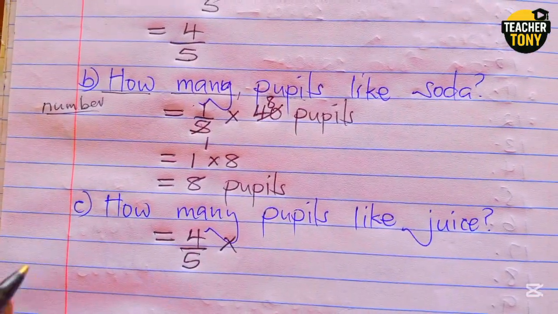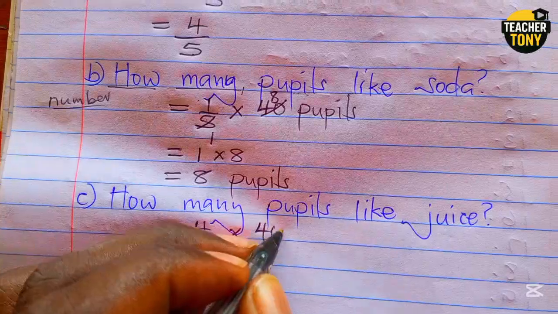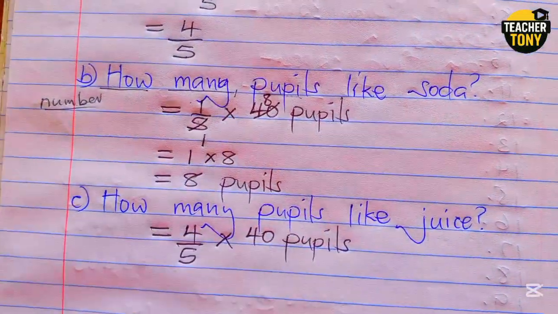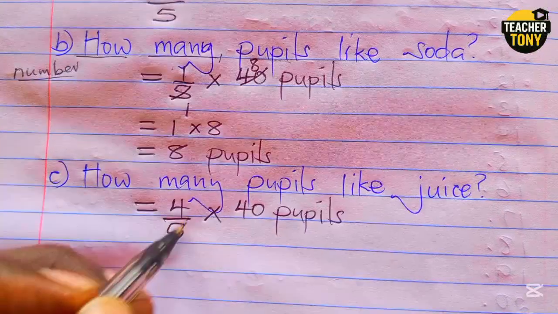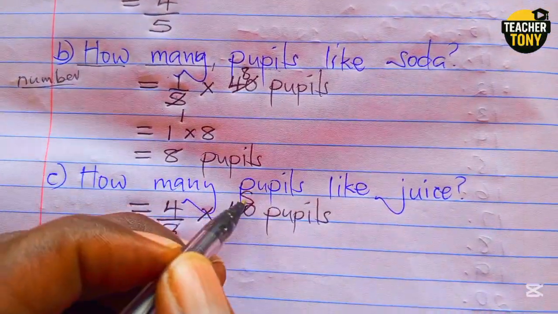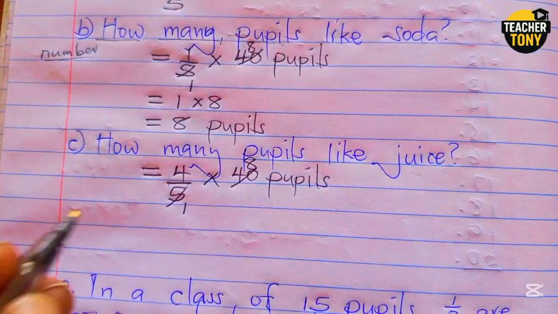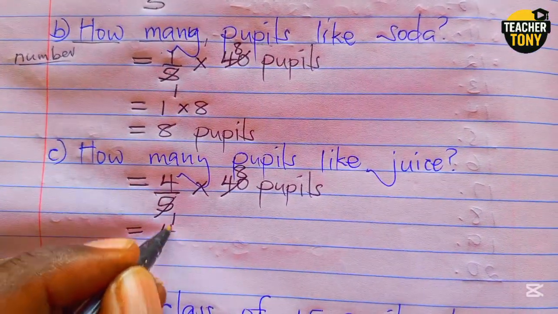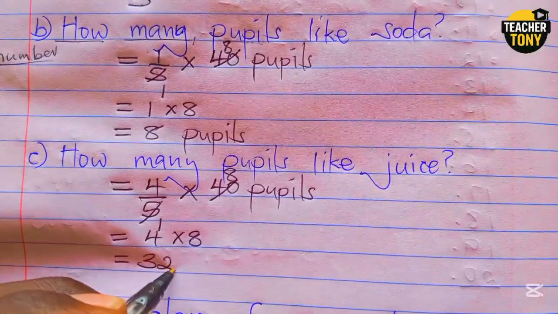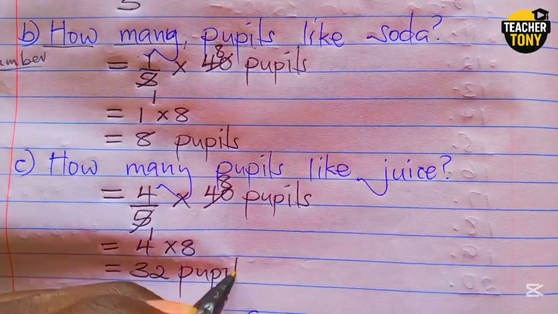So let's solve that one. So times the 40 what? Pupils. The units are found in the question itself. That's why it's easy. So 5 divided by 5 is 1. 40 divided by 5 is 8. 4 times 8, you write down here, 4 times 8. The answer is 32 pupils.